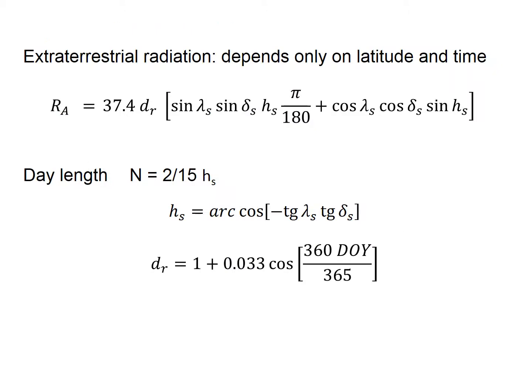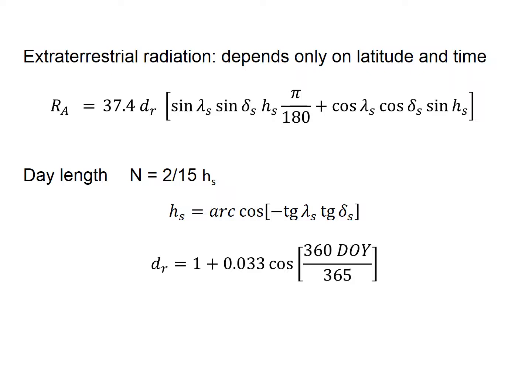In those equations, it is important to estimate extraterrestrial radiation, in other words, the amount of radiation in the absence of an atmosphere. Its value will only depend on latitude and time.